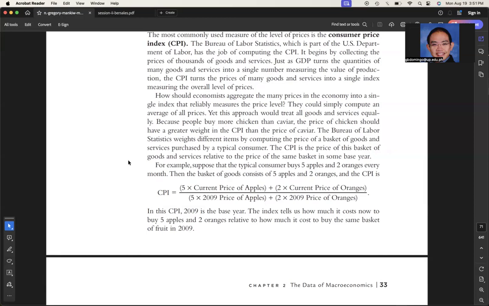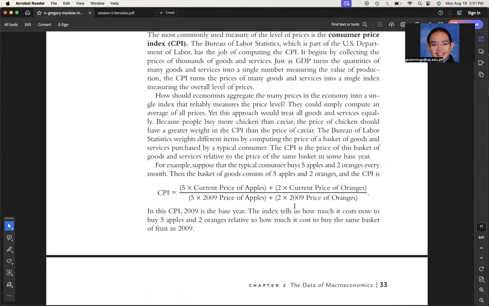The exact computation we'll be talking about in just a moment, but at this point here, you should see a sort of similarity between the CPI and the GDP deflator, right?